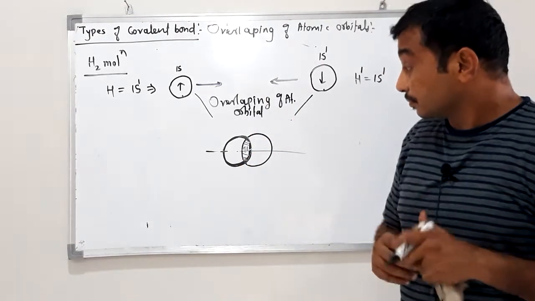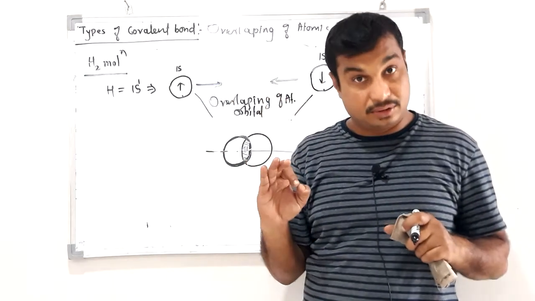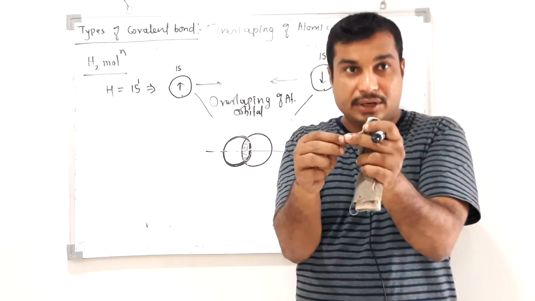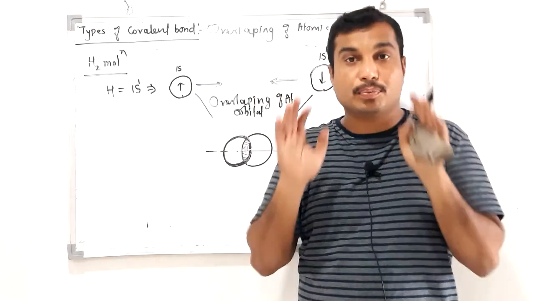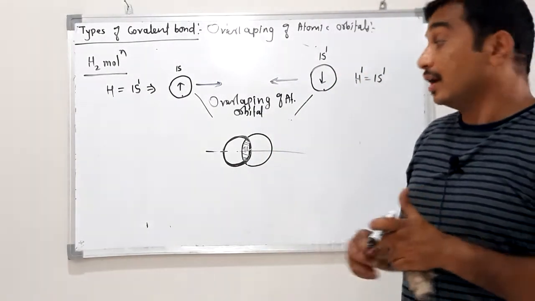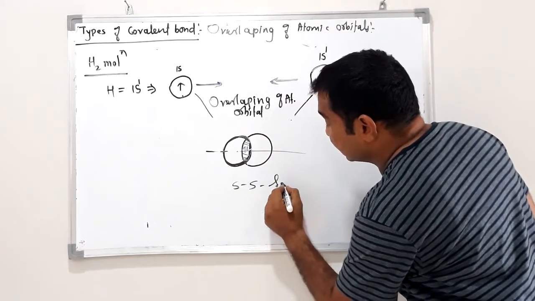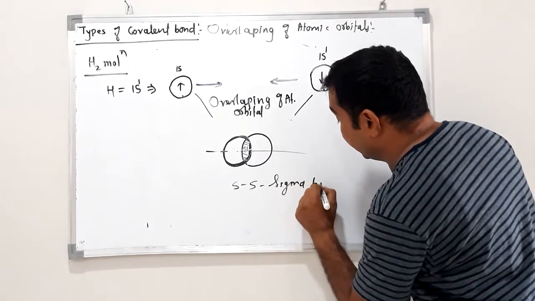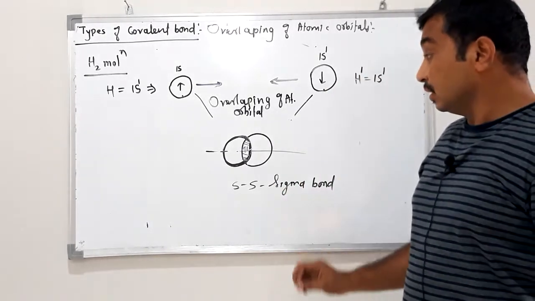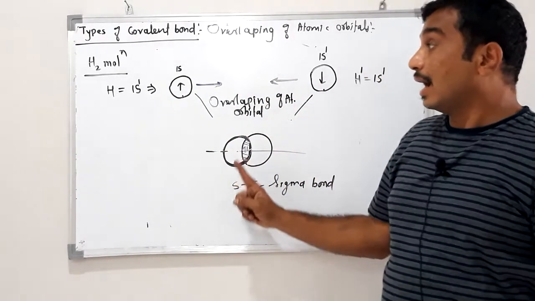Now this is the covalent bond. Both atoms have shared a single electron. Both have a single electron. They have shared their electron through overlapping and formed a bond. Now this covalent bond is called an SS sigma bond because the atomic orbitals used by these two hydrogen atoms are of s type.